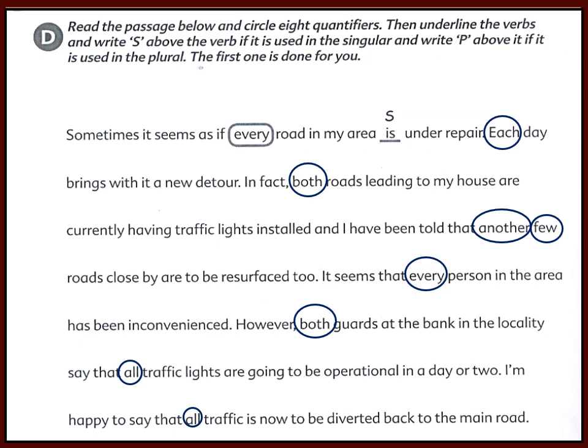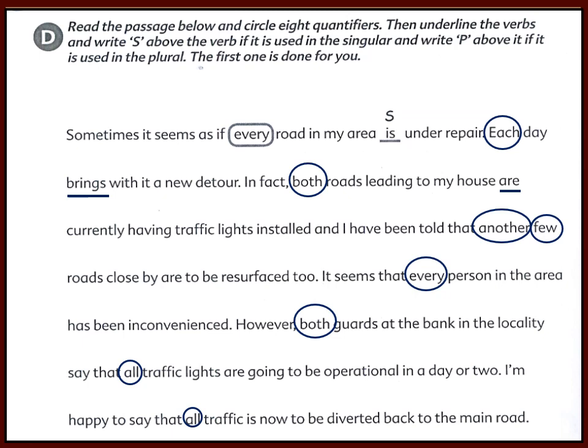Now, next part: underline the verbs. Again I will read the sentence. After circling, you can check the verb, right? Each day brings with it a new detour. In fact, both, right. Brings. This is the verb, right? And then roads leading to my house are, the helping verb. Good.